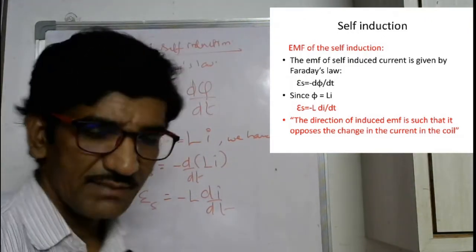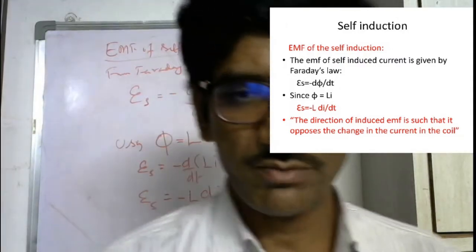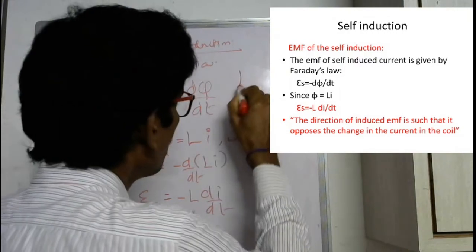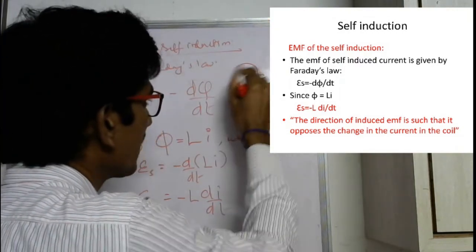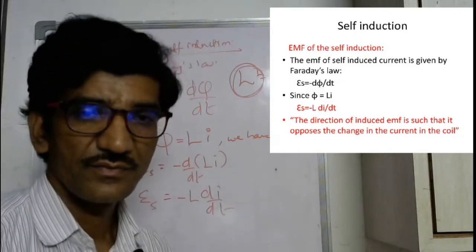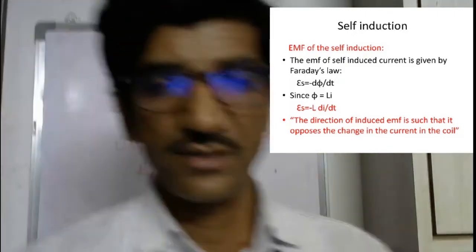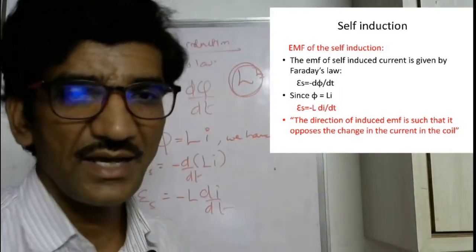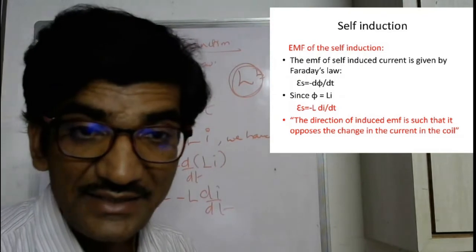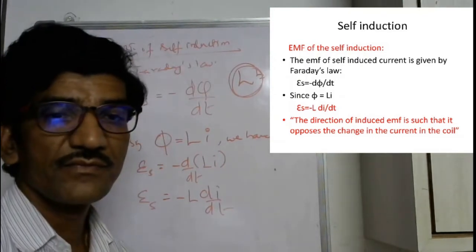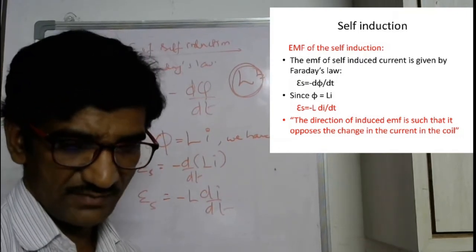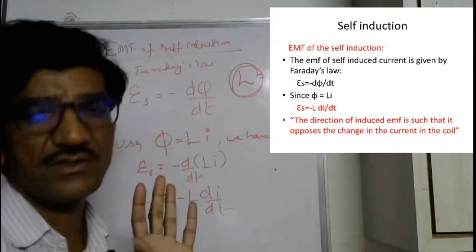Another important characteristic which I want to remind now is on what factors this L depends. You may think that L depends on I. No. L does not depend on I. For a particular wire of particular shape, it is constant.